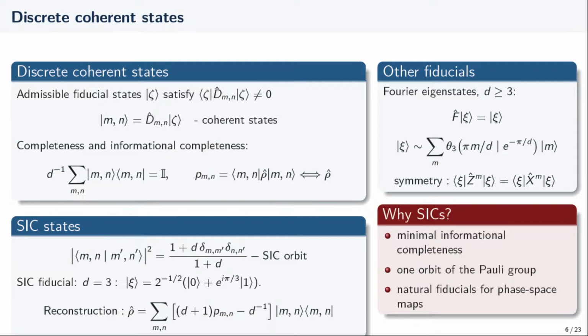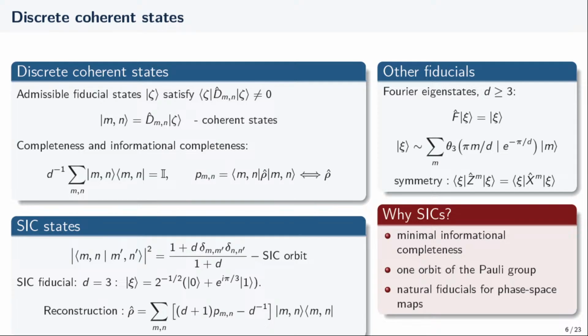However, in the discrete case, there is a very important restriction. We cannot choose any fiducial state, but only a fiducial state which possesses this property: we should never get an average value of displacement operators equal to 0. If it is equal to 0, it is bad.